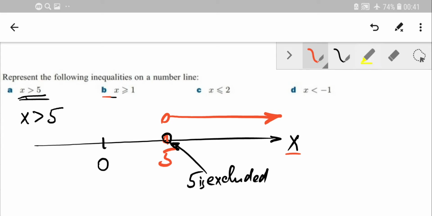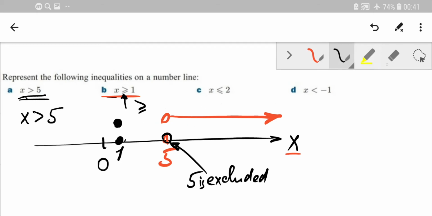Alright, so let's get practice with x more or equal than 1. In this case, we have 1 somewhere here. Because 1 is included, you see, this is a non-strict inequality. That means more or equal. So more or equal, that's what the sign means. It means we're starting from 1.